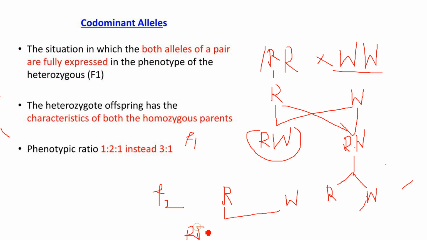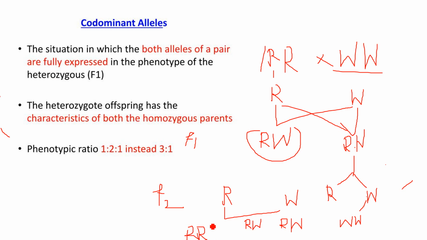Capital R, capital R. Capital R means red color progeny. Then RW and RW. Just cross this, dear student, in your notebook. And last we got WW. So calculate this.